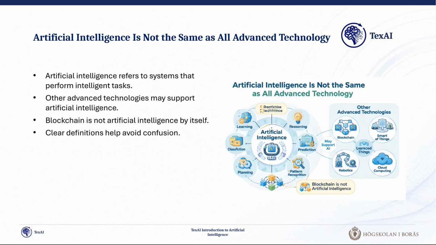Some advanced technologies can support artificial intelligence systems or be combined with them, but that does not make the technology artificial intelligence by itself. For example, blockchain is an advanced technology, and some blockchain systems use cryptography, distributed databases, and game theory. But blockchain is not artificial intelligence by itself. This distinction matters because clear definitions help us avoid treating all new digital technologies as if they were the same thing.